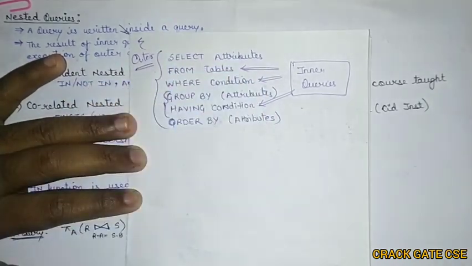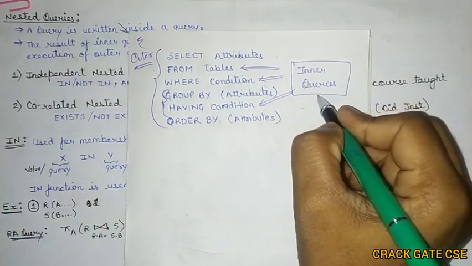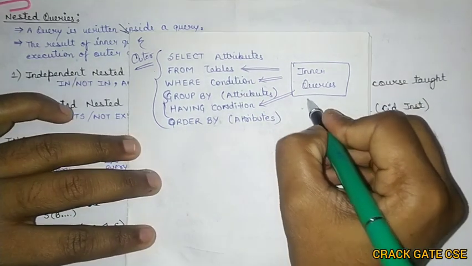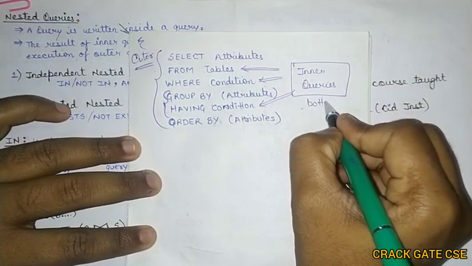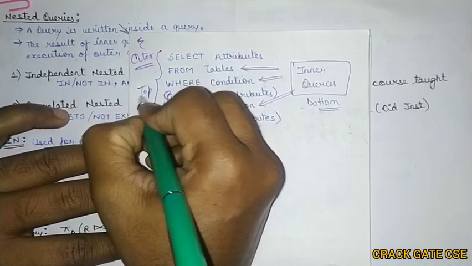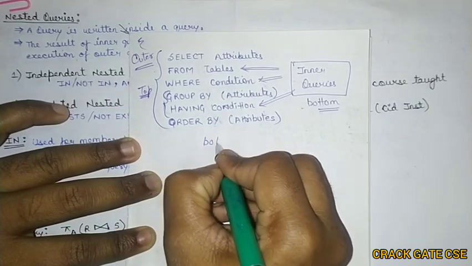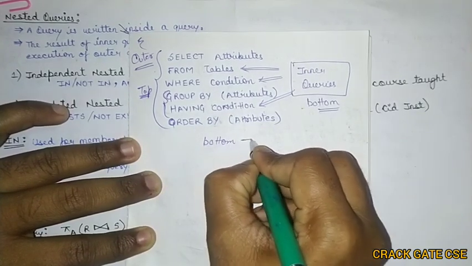We already know that. So how should be the execution? While executing, we have to make sure that first we are executing the inner query, which is known as the bottom. This is also known as the bottom, and this is also known as the top. So that's why we say that the execution of nested queries is bottom to top.